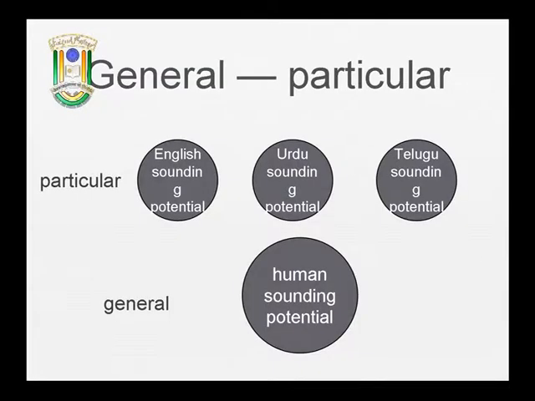Now the human sounding potential is quite extensive, and that, as I said, is general to all of us. But then in particular languages, a particular language draws on this general human sounding potential. So for example, Urdu, or English, or Telugu, or Nahuatl, or Akan, or any of the 6,900 plus languages spoken around the world today, they draw on the general sounding potential in different ways.